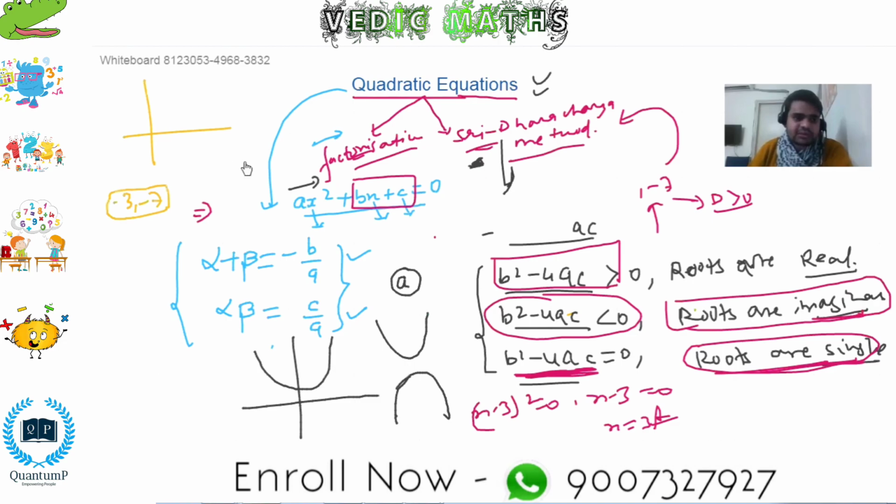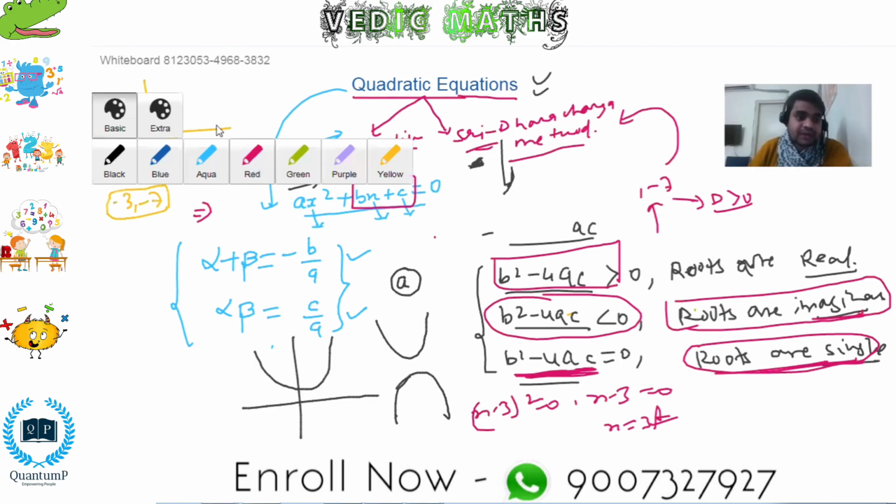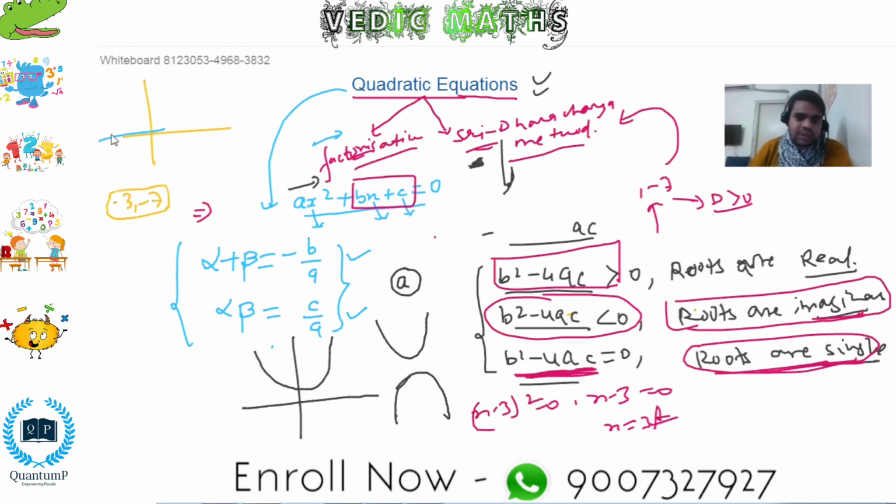This parabolic curve is cutting the x-axis here, at minus 3 and minus 7. This kind of curve is there. The roots mean the curve is cutting the x-axis. That point on the x-axis is the solution. This is the graphical interpretation of the curve.